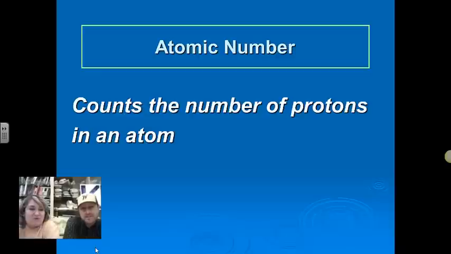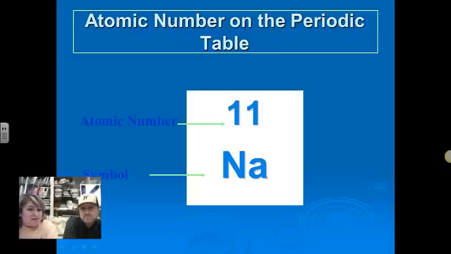Empty space. Okay. So how do we know how many protons, neutrons, and electrons an atom has? Well, we look at our periodic table. We talked about how it's organized very specifically. One of the things it's organized by is its atomic number. An atomic number tells us how many protons there are. So find sodium on your periodic table. You'll see there's the number 11 on it.